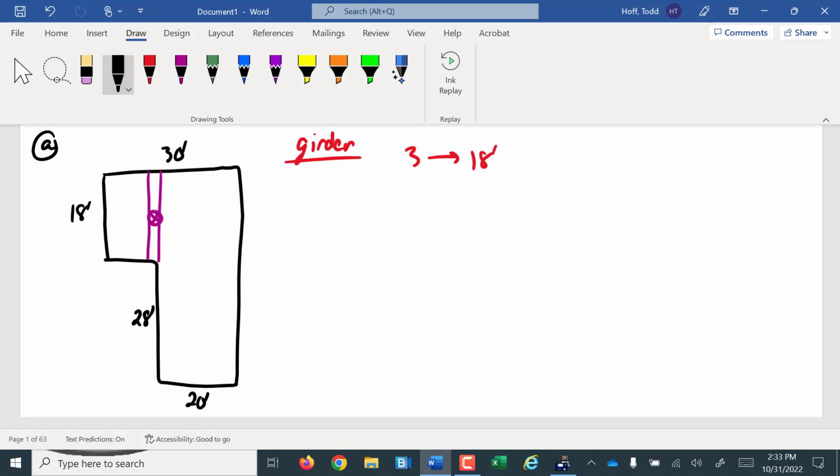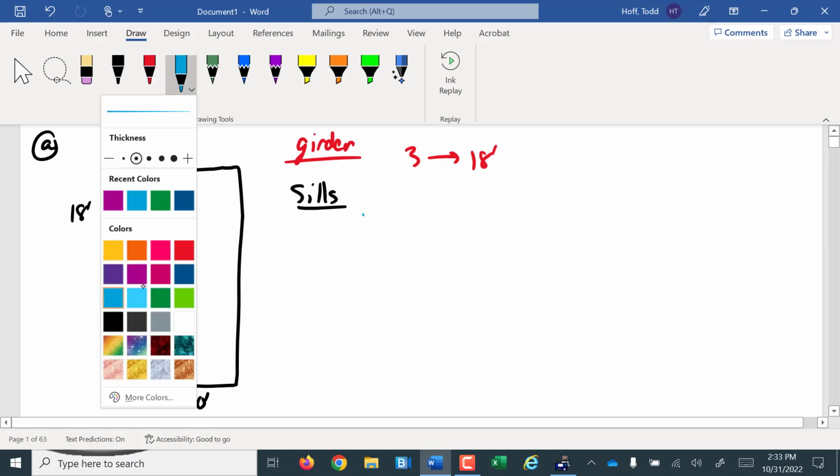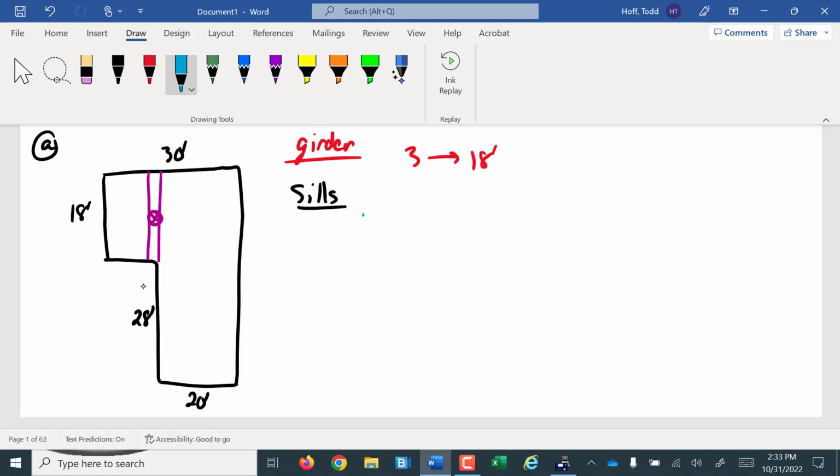For sills, how did we find the sills? The linear footage of sills needed is simply the perimeter. So the perimeter of this is going to be what? This over here is 46. This piece is 10.